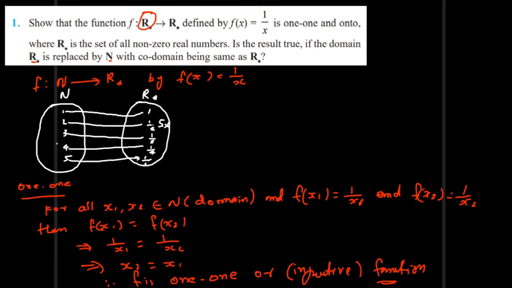Then from the figure we can say there is a 5 with no pre-image. The 5 is also a real number, or you can take 2 also, with no pre-image in N. Therefore this is not onto. So how to show this?